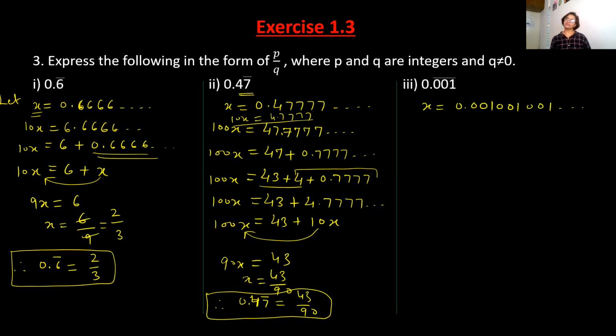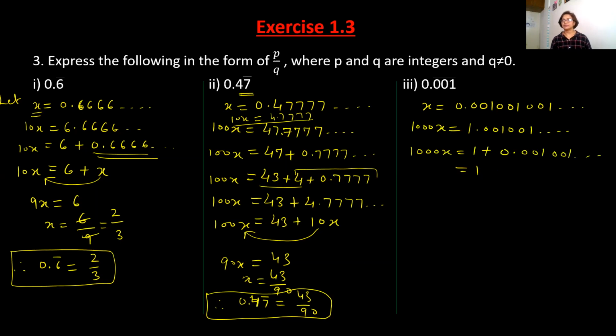Now here, how many numbers are repeating? 3 numbers are repeating. So we have to multiply by 1000. Okay. So if you are multiplying by 1000, these 3 numbers will come before the decimal. So no meaning to write this. So only 1.001 you can write like that. So here 1000x equals to 1 plus 0.001001 and so on.